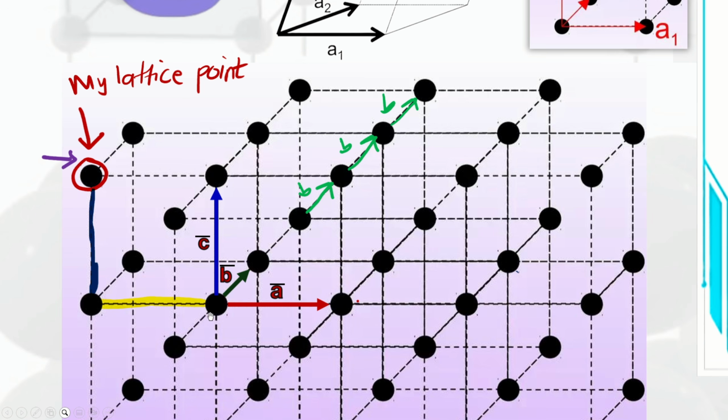It's moving in the same line but in the opposite direction. Then moving from this point going vertically up is going to be equal to my vector C, exactly the way it is. So from this lattice point to this lattice point, that is negative A. And from this lattice point that I'm at right now, to go up there is positive C, because I'm moving vertically up, right?